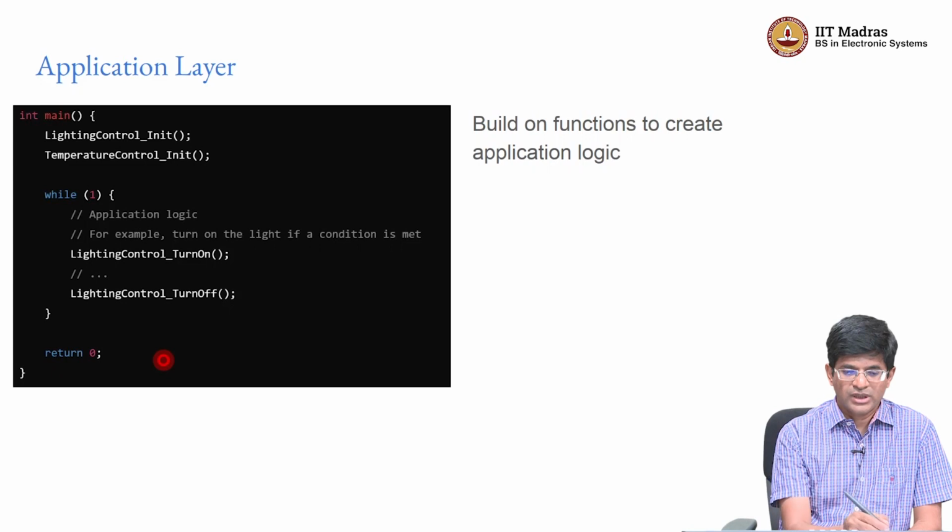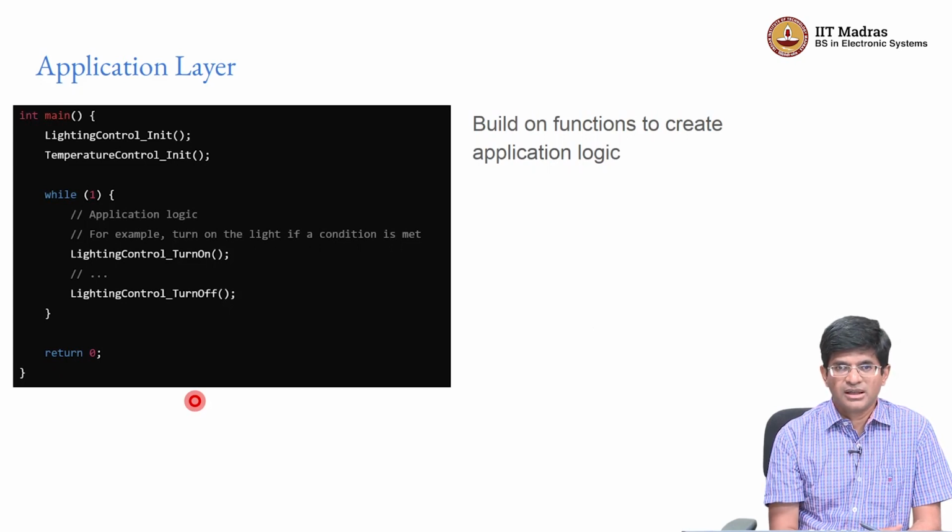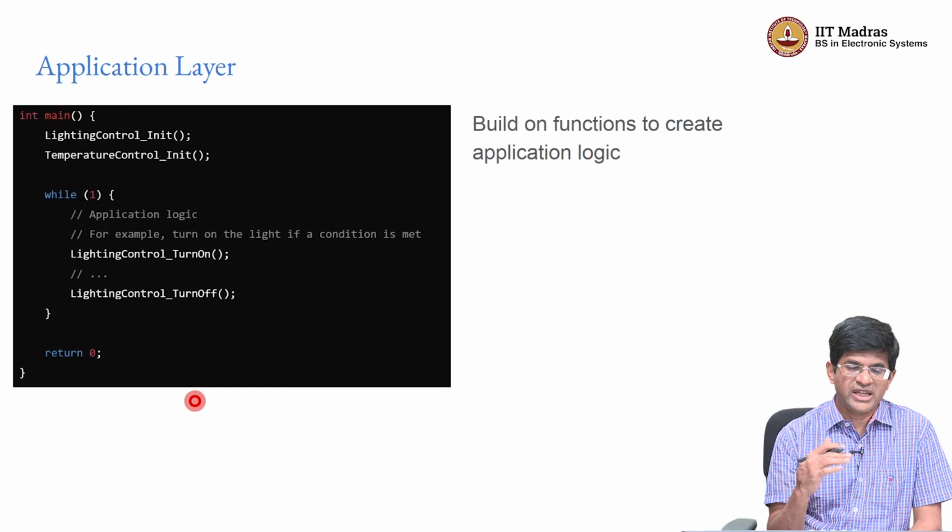So at the application layer, I don't really know or care about which GPIO pin is connected to which bulb, which means that I could also retarget my entire application from an ST microprocessor to a Raspberry Pi or to an Atmega, without having to make changes throughout my entire code.